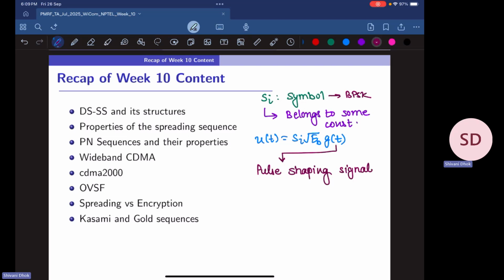And this g(t) for our CDMA is given by the summation q equal to 1 to capital Q, c(q) into g_c(t minus q times T_c).